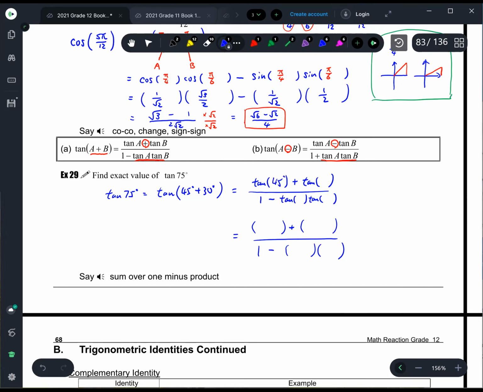So 45, 30. Because it's only tangent here, the ratio is easier to find, right?